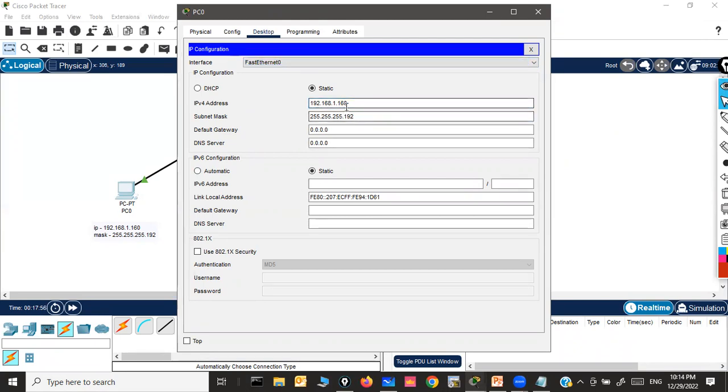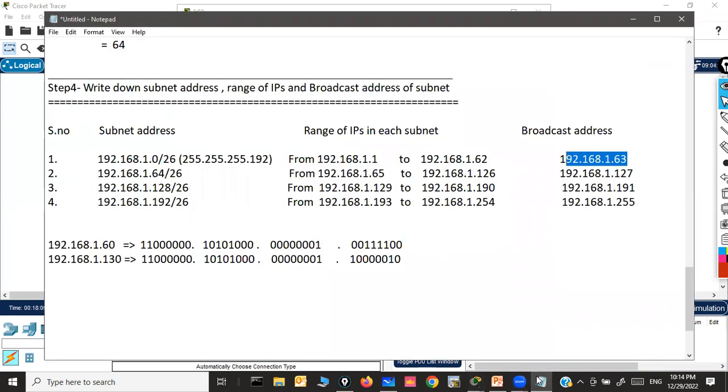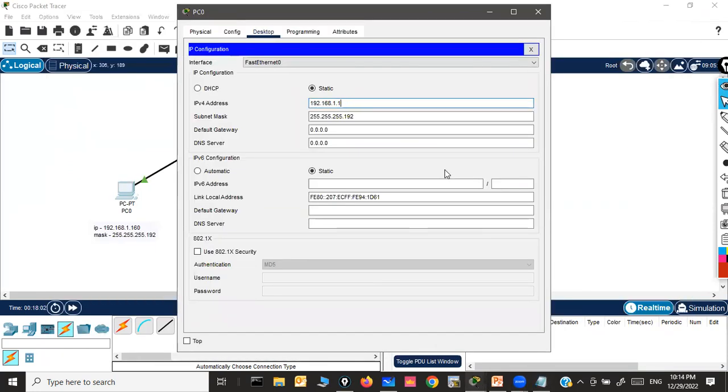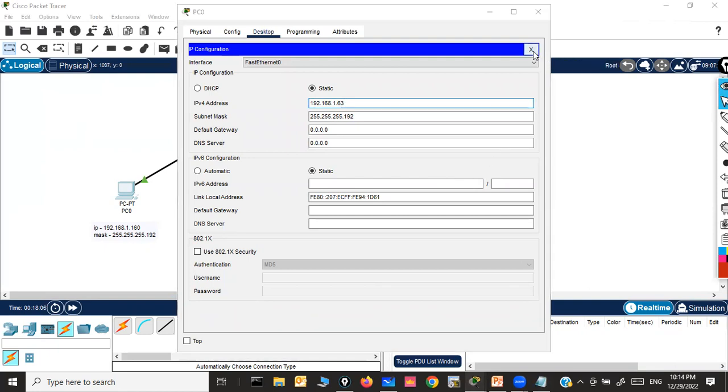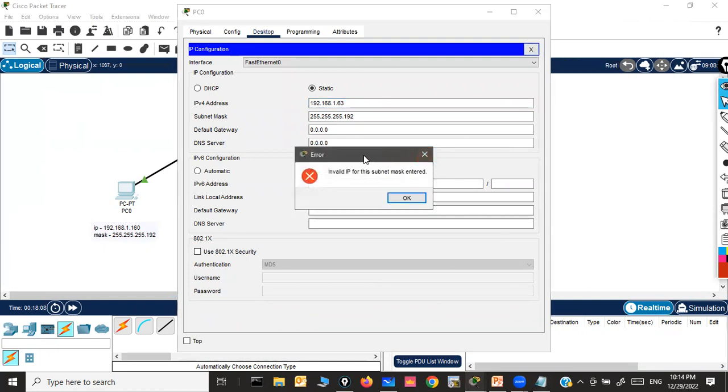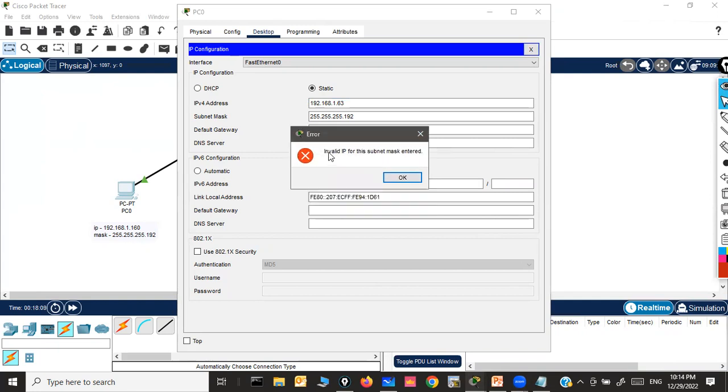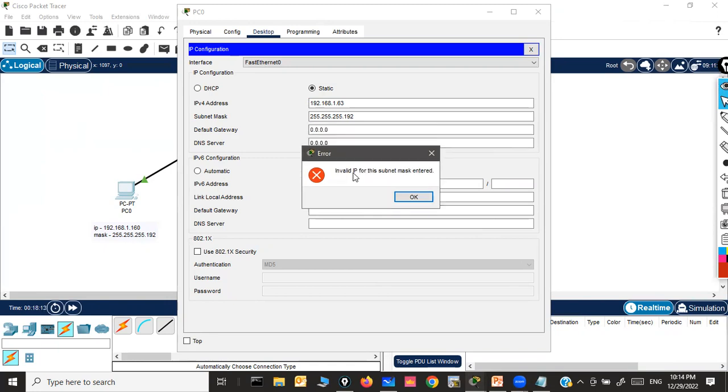Let me take the last address 63, for example. See, it's saying either the IP or the subnet mask has something wrong. Invalid IP for this subnet mask entered. If you are using this subnet mask 192, then the IP is invalid. Why? Because 63 is a reserved broadcast address.